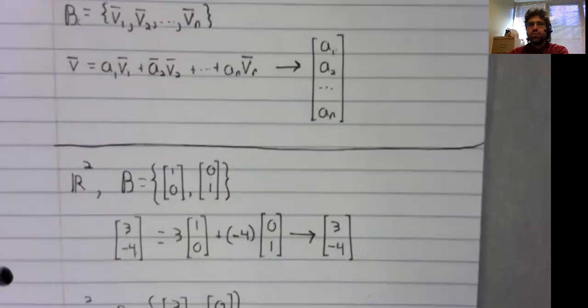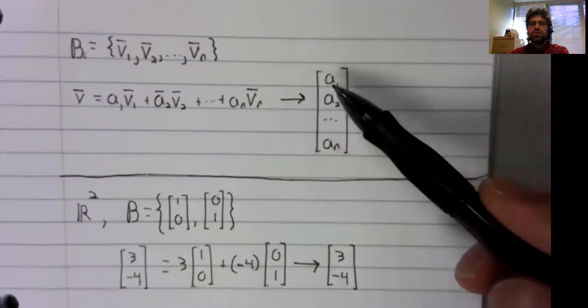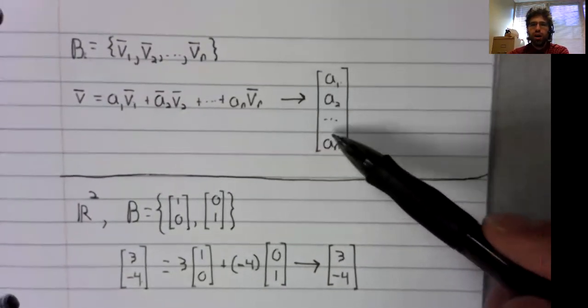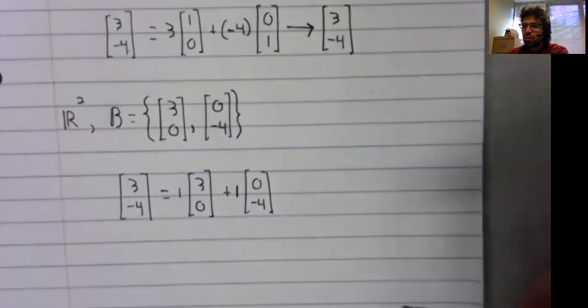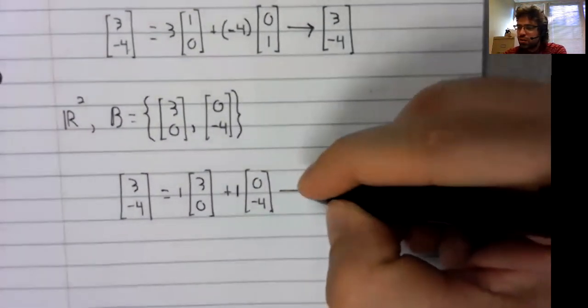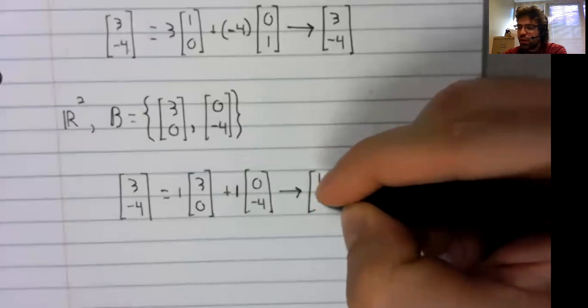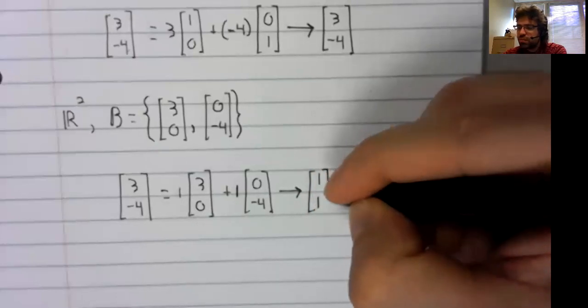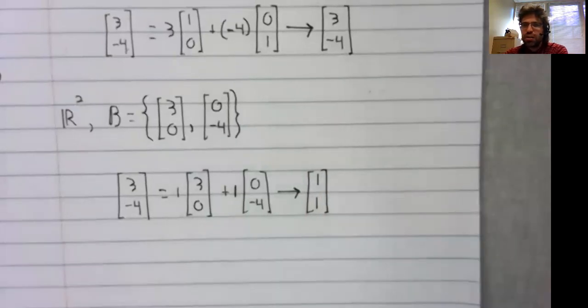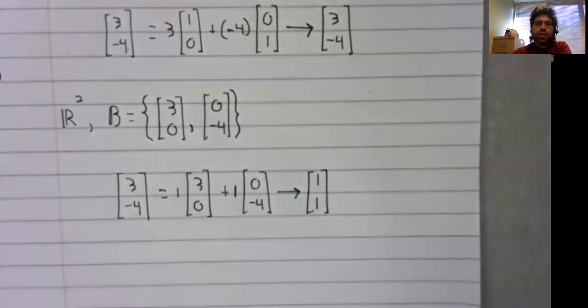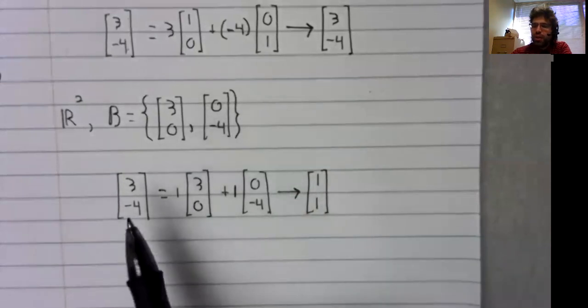And now, when we store it as a column vector, we get something else. The coefficients are 1 and 1.